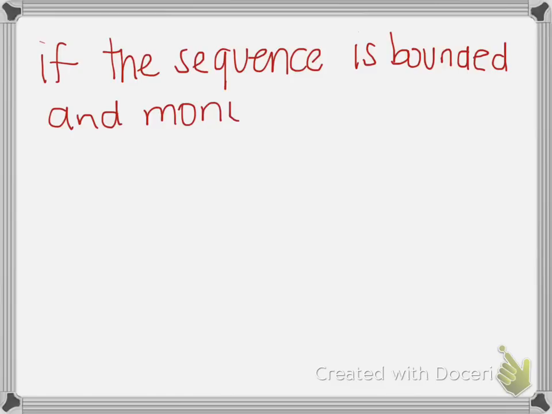For each of the problems I give you, you're going to tell me, using that theorem, if it's bounded and monotonic. If you show that it's bounded and monotonic, then your sequence converges. If one doesn't happen, then it doesn't converge.